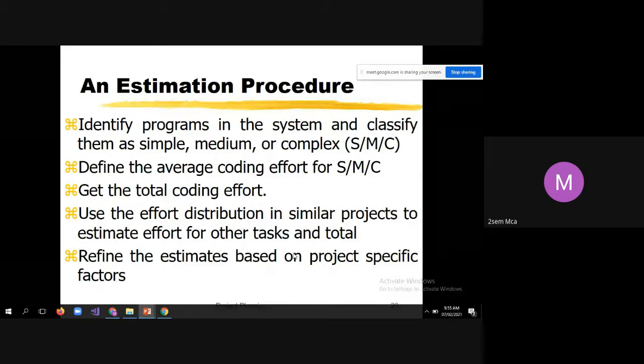Once the effort is calculated, try to refine it based on project specific factors. What are project specific factors? As I told, the 15 factors. Whether you need very high reliability or you need more security, depending upon that, you need to adjust the factors.